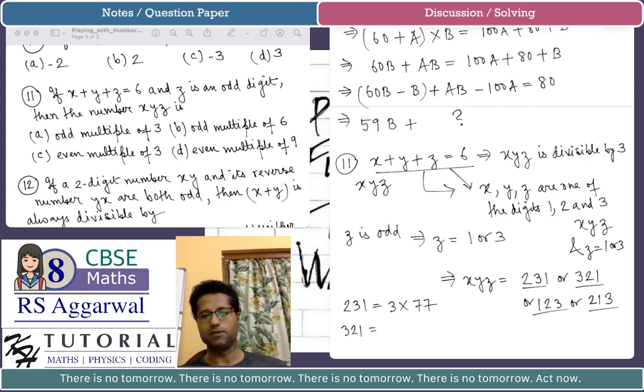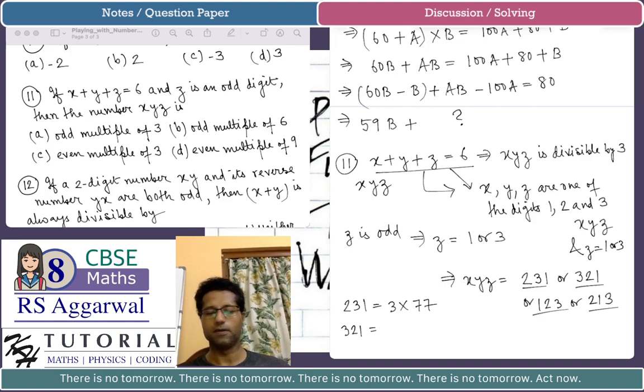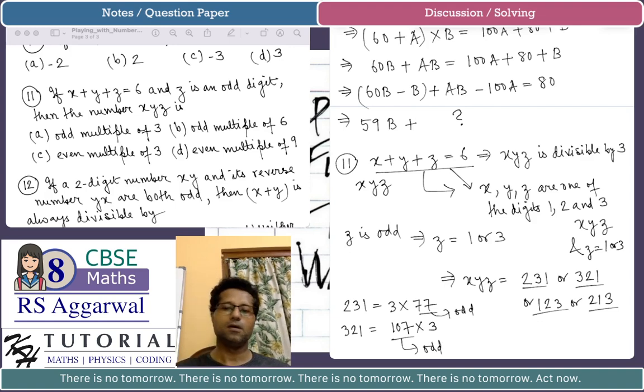Now 77 is an odd number, so this number 231 is an odd multiple of 3. Now what is 321? If we divide 321 by 3, I have 107, sorry, 107 multiplied by 3. This is also odd. So the number 231 is an odd multiple of 3, and the number 321 is also an odd multiple of 3 because 107 is odd.